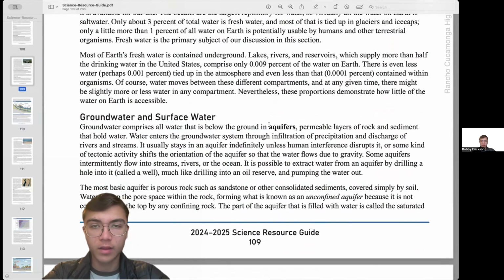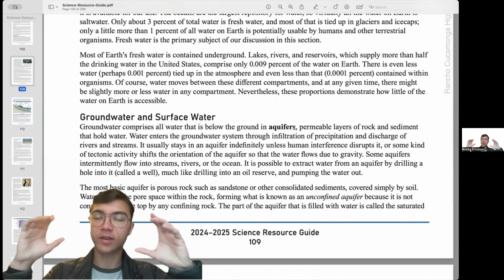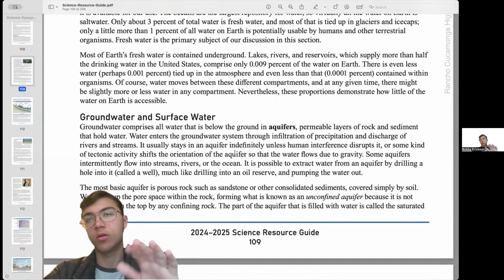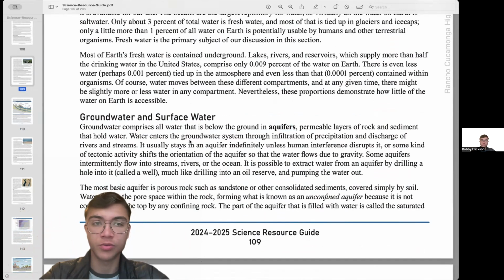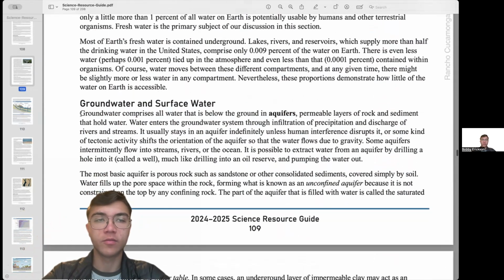So aquifers are these little trapped areas of water in the ground, which have holes in the rock that allow water to sit there. This is what groundwater comprises. And it enters here through infiltration of precipitation and discharge of rivers and streams.